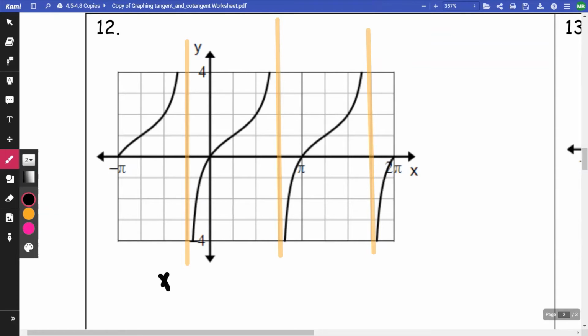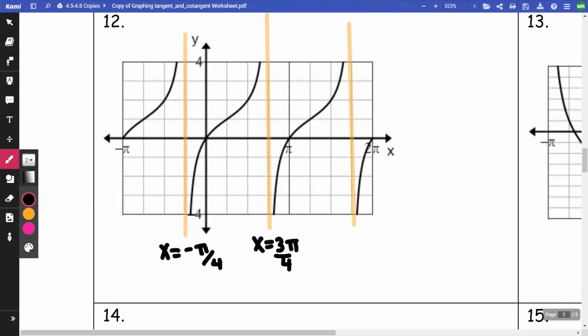So this is going to be x is equal to negative pi fourths. And then we went 1, 2, 3, 4. And so this one's at 3. So this is going to be x is equal to 3 pi fourths. So the period here from here to here is going to be pi.